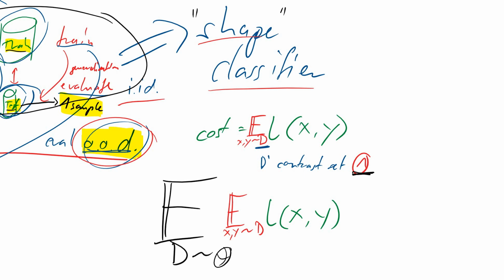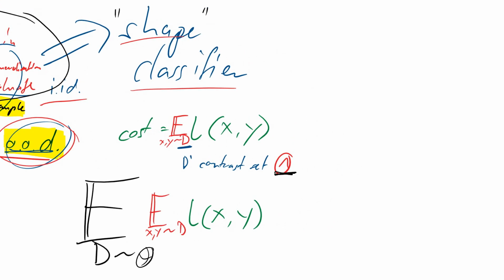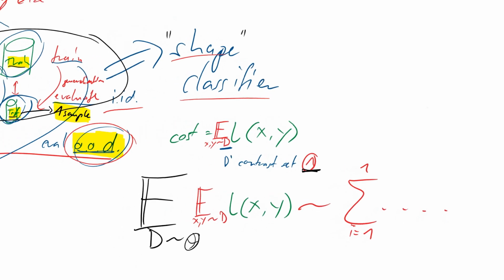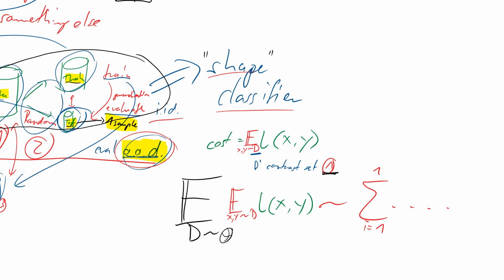I think what that will do is, you say, I want to approximate this by a sum of i equals 1 to 1. That will just pump the variance beyond any reasonable meaning that the outcoming number will be able to give you.